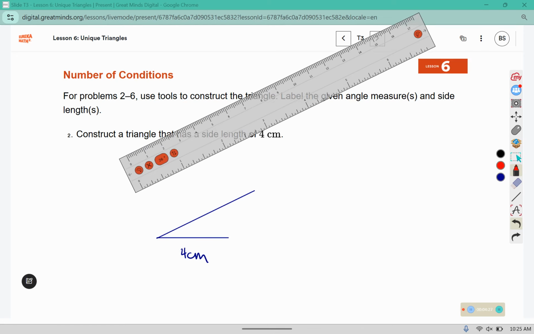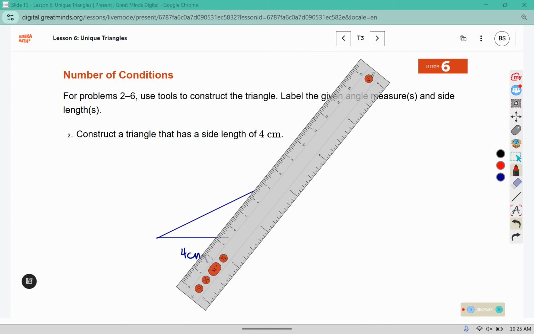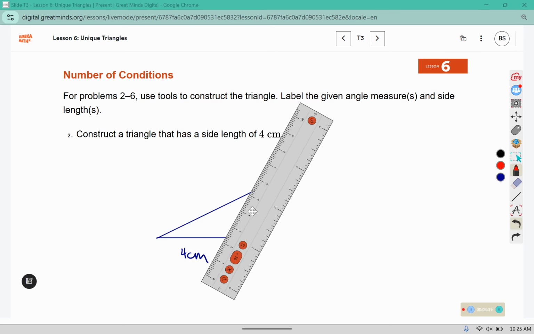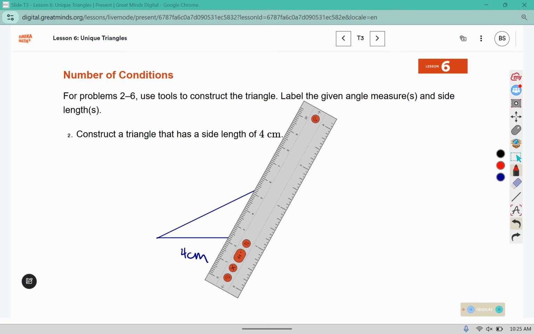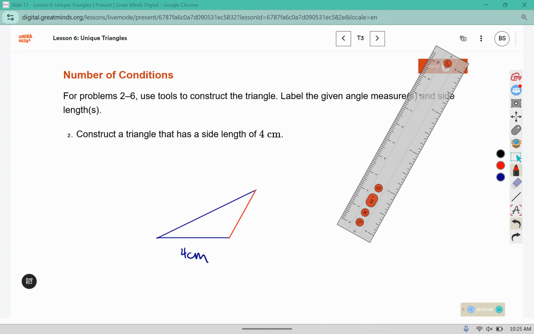And then I'm just going to connect from here to here using my ruler as well. So there's my triangle.